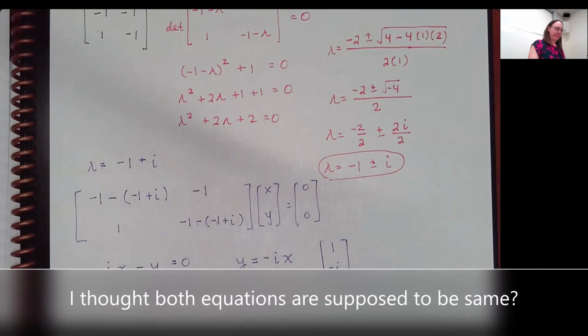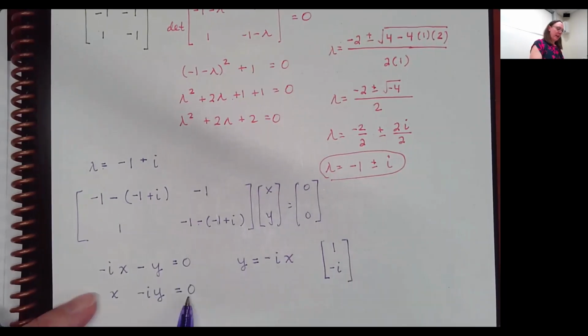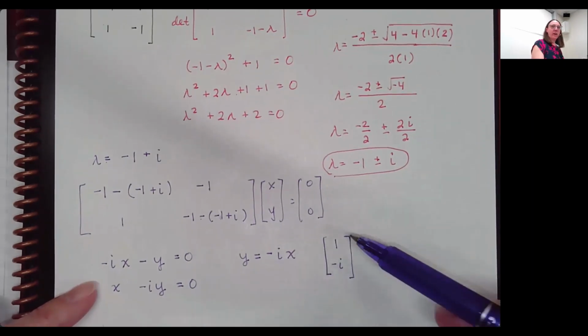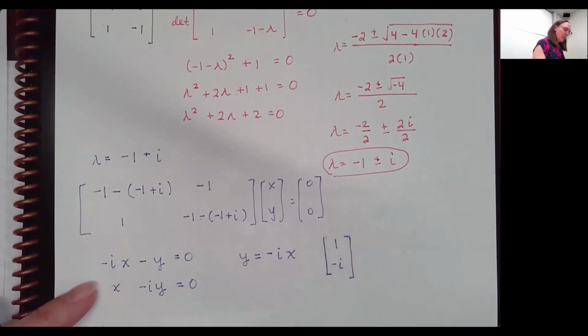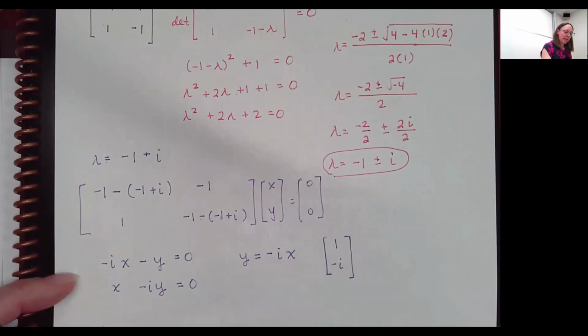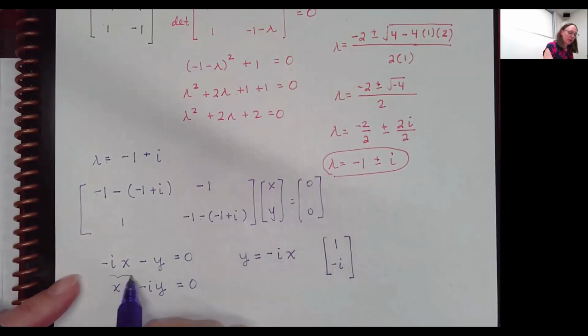But how did the two lines stay the same? So let's look at the second row. First of all, are you okay with my one negative i? Okay, so I'm just going to check, is that also a solution to the second row?